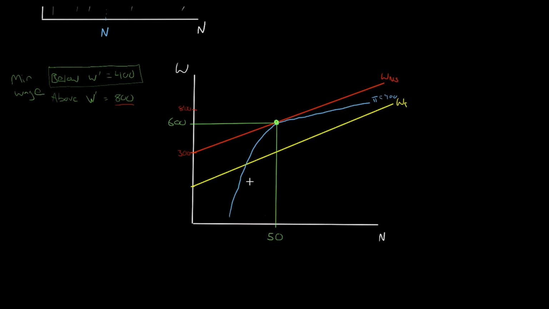So there we go. If that's 800, what we get is we get our no shirking wage cutting across like that. So we can't pay anybody less than 800, meaning until that end here, we still have to pay them $800, even though there was a non-shirking wage that was less.